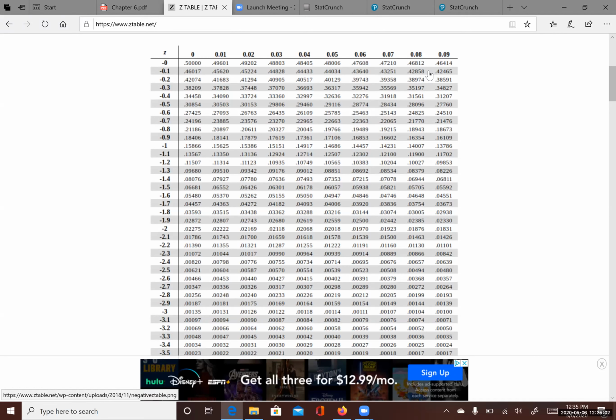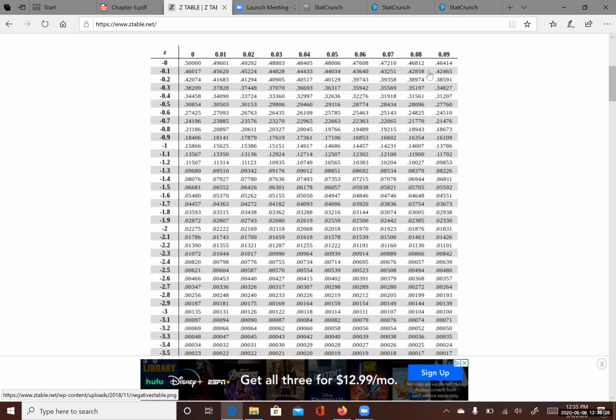0.005 should be around here. So you have these two values here, and they are very close to each other.